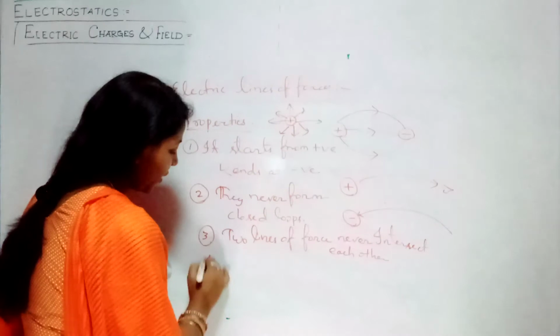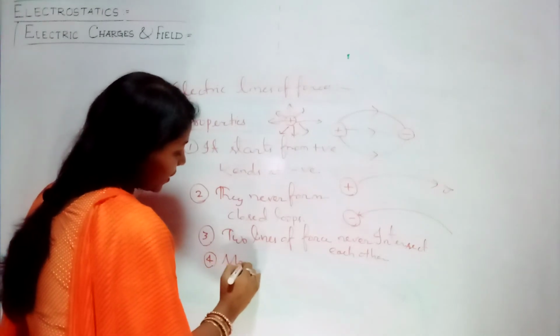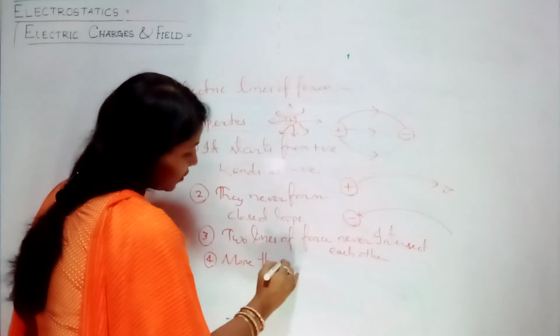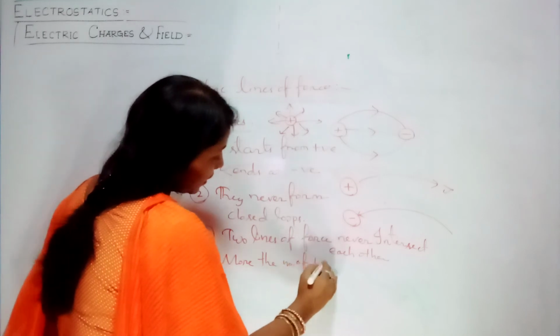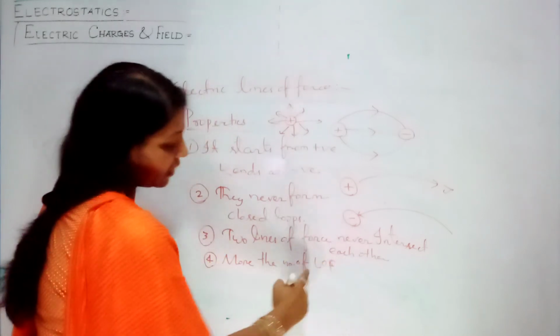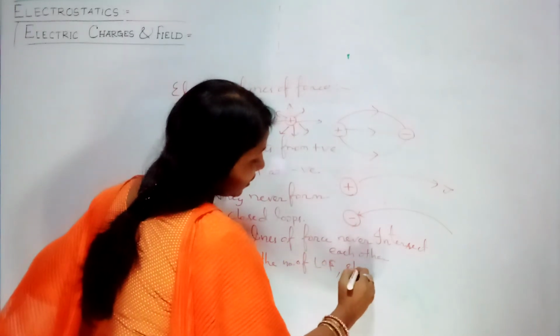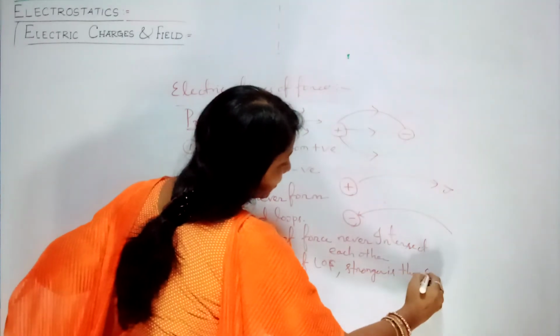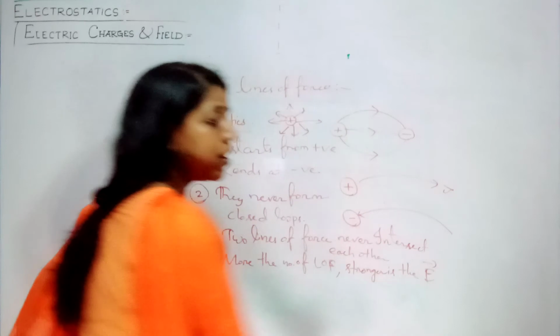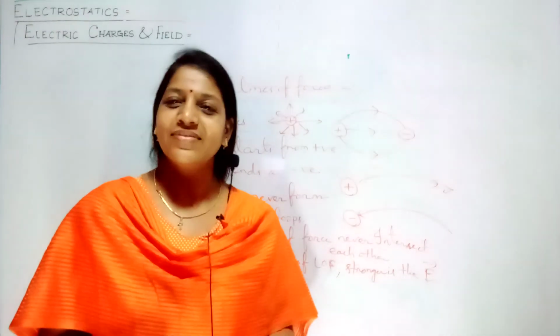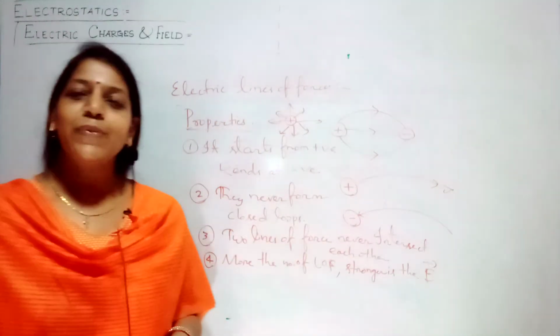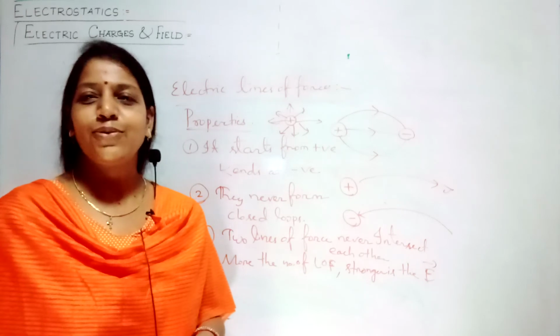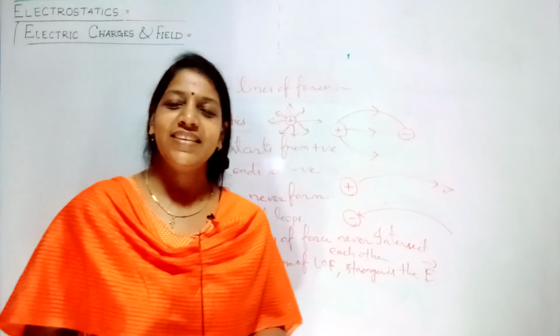So your fourth point is, the more the number of lines of force, I am writing LOF for lines of force, the stronger is the electric field, or vice versa. So these are the properties of the electric lines of force, which are highly important.